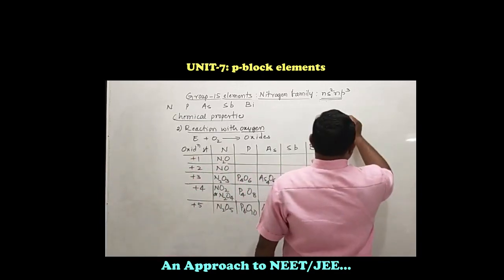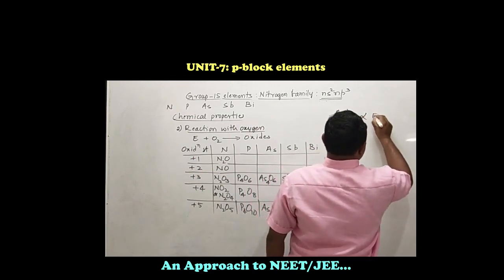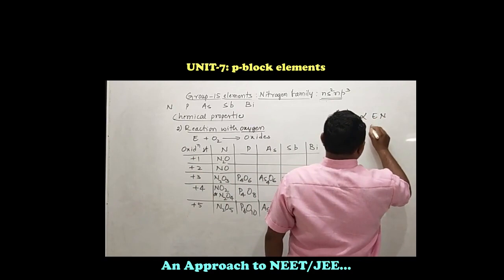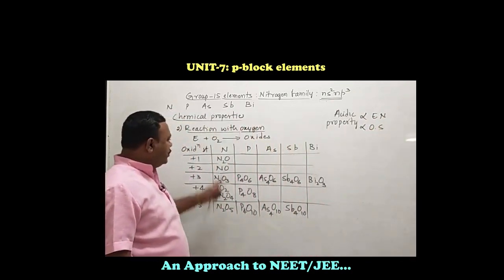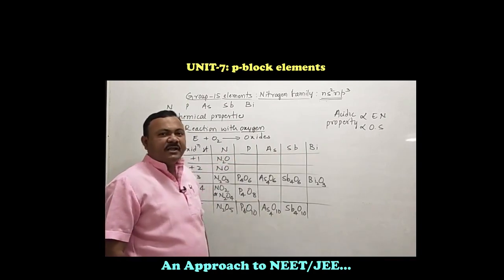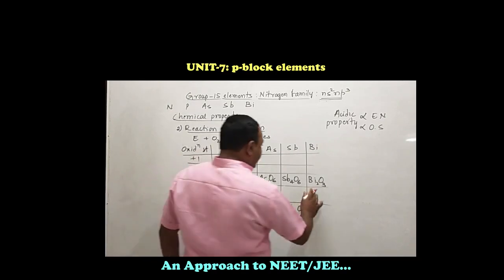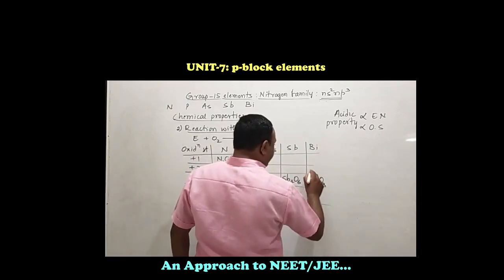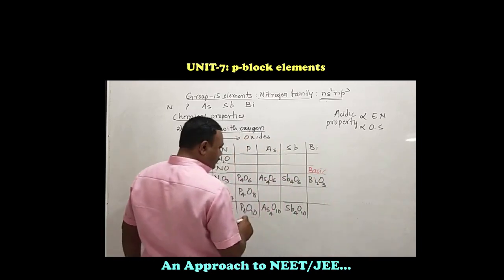Let us concentrate on the properties. Acidic property of the oxides is directly proportional to electronegativity, and it is also directly proportional to oxidation state. As the electronegativity goes on decreasing, acidic character goes on decreasing. It means bismuth trioxide becomes definitely basic, and it is a metal oxide.